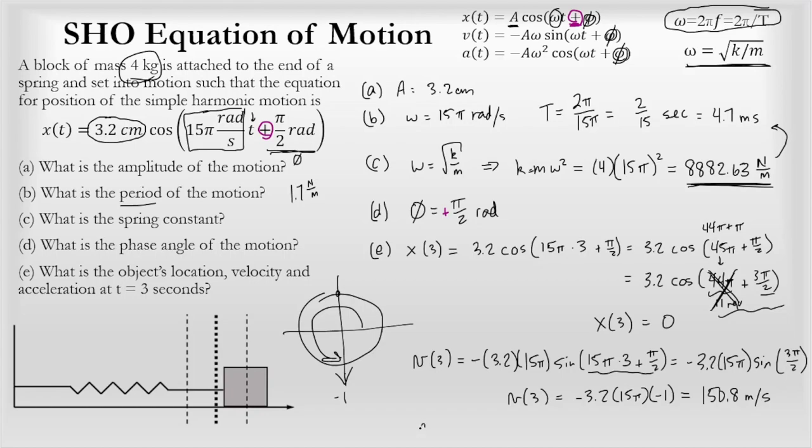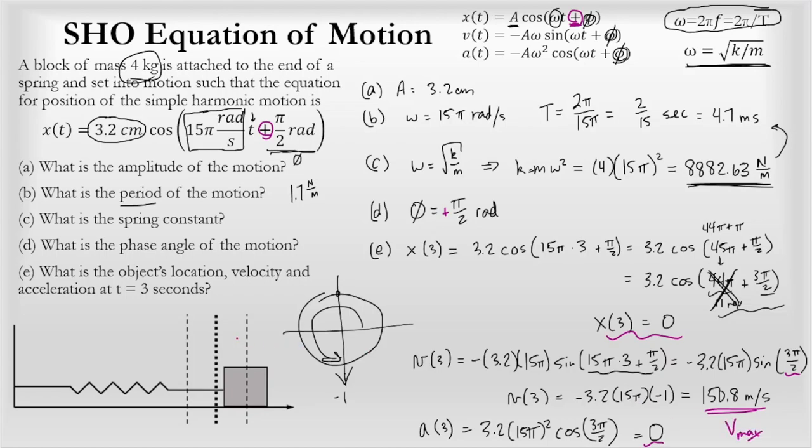Positive. Acceleration is also a cosine term. I can do the same thing, times 15 pi squared technically, but I'm going to get cosine 3 pi over 2 here, and so we know that the acceleration is going to be the same as the position, which is 0. I didn't really say this, but if I'm at 3 pi over 2, at position 0, acceleration 0, I'm noticing this is V max.